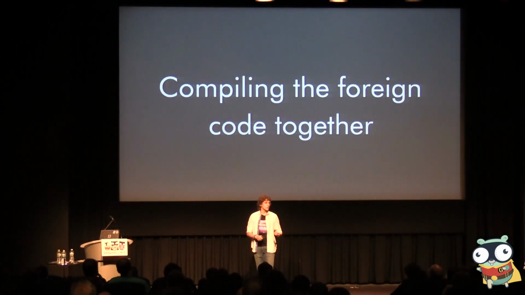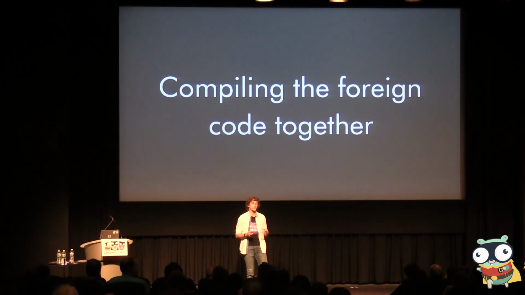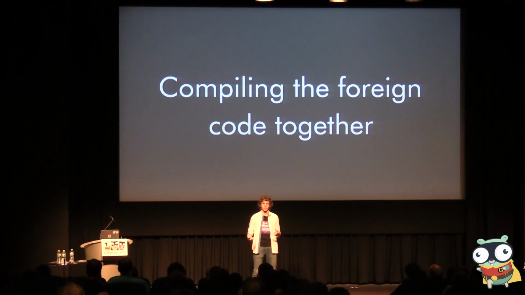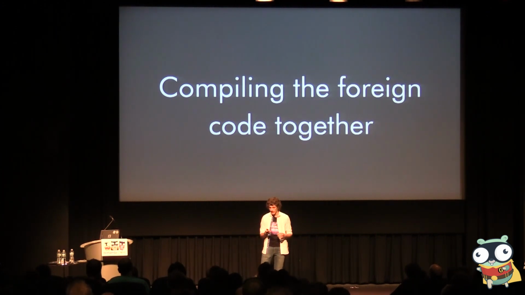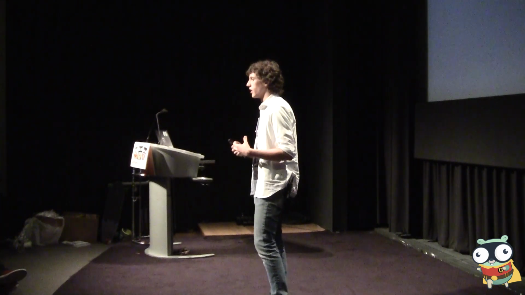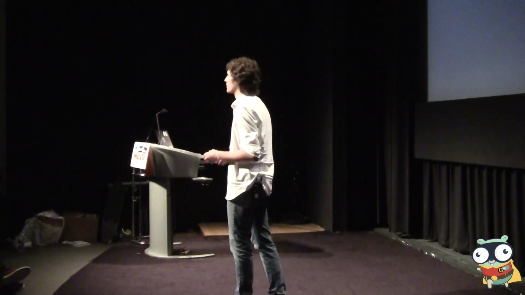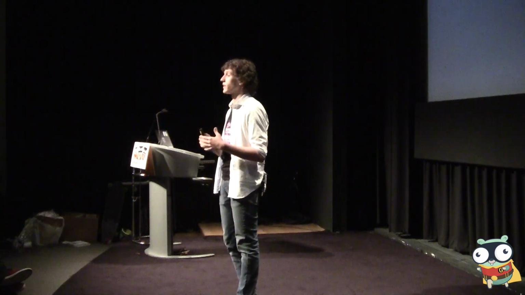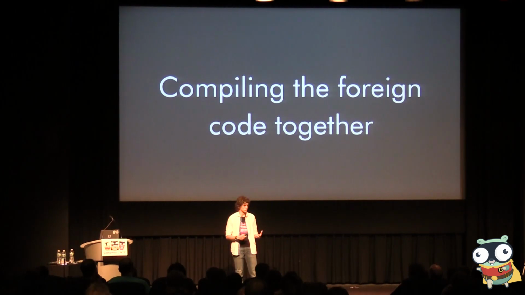As we said, the first thing we need is a way to compile this foreign code together with the Go code. And sadly, there is no go build flag to include this Rust library, so we'll have to make do with something lower level. Thankfully, go build is nothing else than a wrapper for smaller tools.